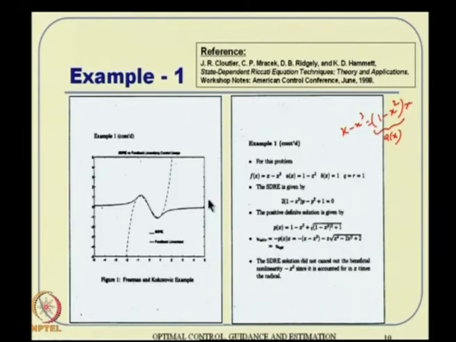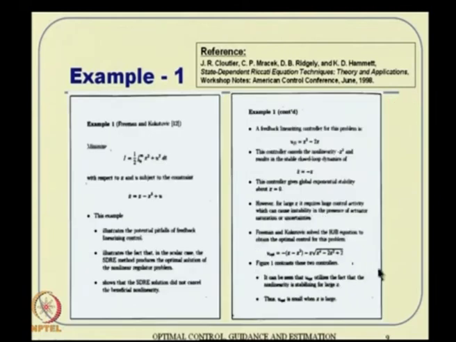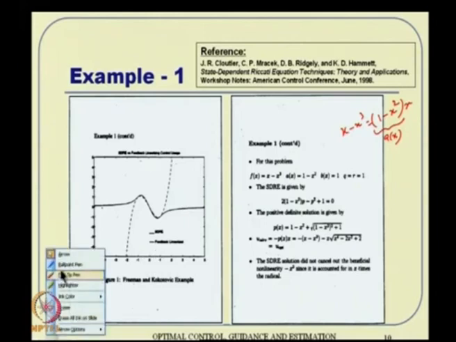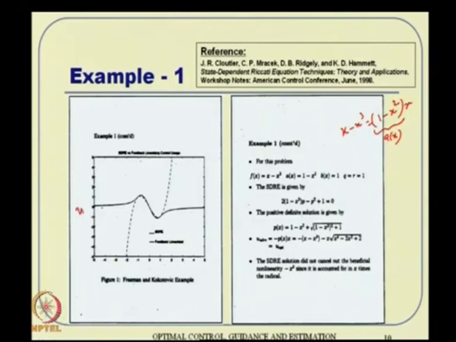Anyway, so these are the two solutions available. One is the optimal control solution, the other one is the feedback linearizing solution or dynamic inversion solution. If you plot it in a state space sort of thing, this is control versus x. What you really want is some regulation about the 0 point.